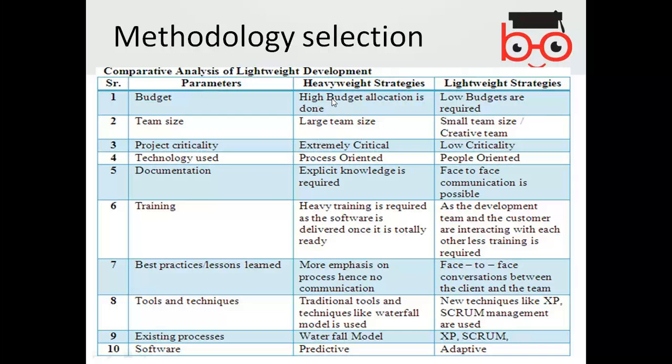The heavy projects are extremely critical, and lightweight strategies are low critical. How? The critical is that any mistake done at any particular phase is non-tolerable and cannot be modified, because the sequence of the development goes through in the waterfall, and you can only move forward into the next phase once you are complete.